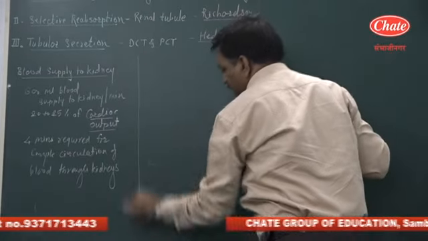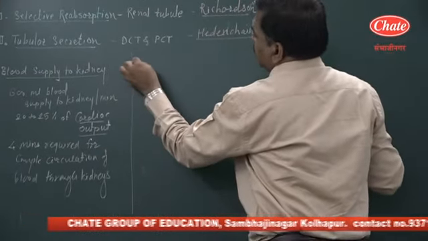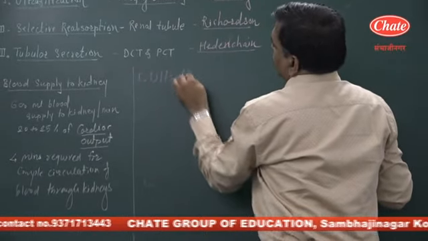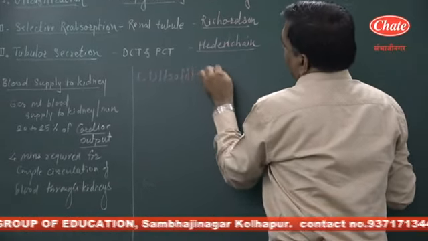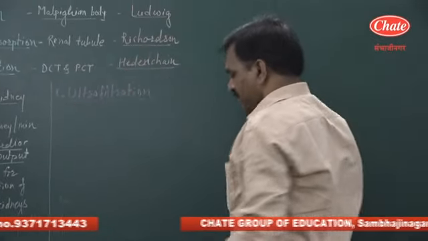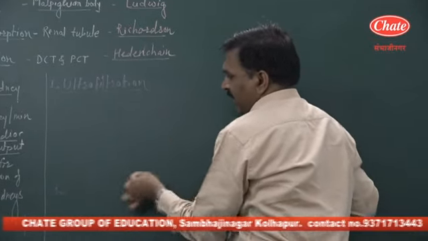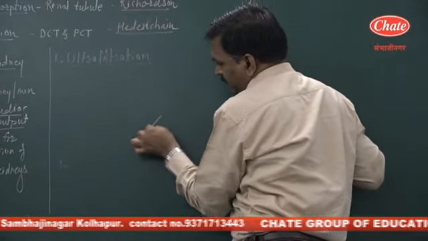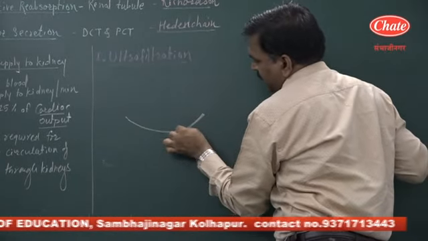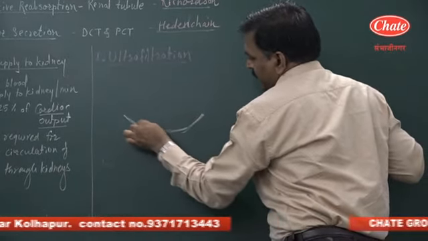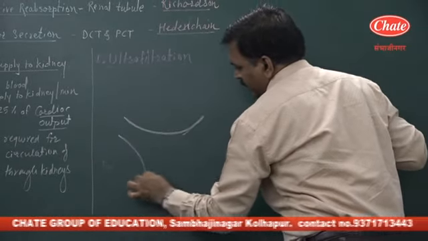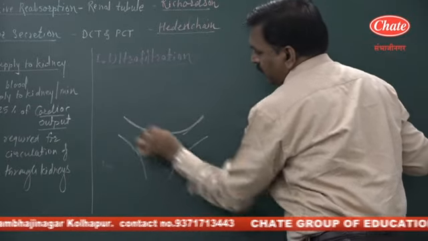Now first concentrate on this first step, that is ultrafiltration. You know that the site of ultrafiltration is the Malpighian body, and exactly this ultrafiltration occurs in the visceral layer of Bowman's capsule.